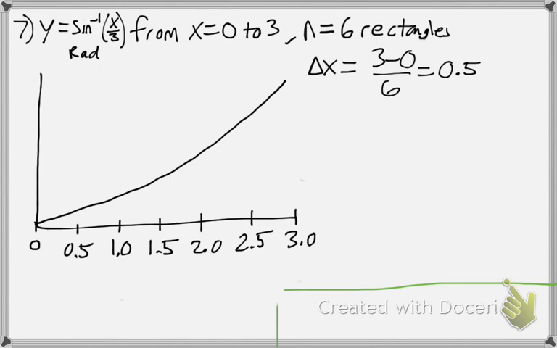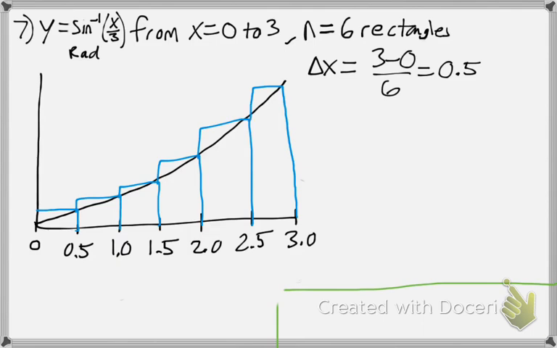okay, so with it being right Riemann sums, the right-hand corner needs to touch the curve. That doesn't look quite right. There we go.